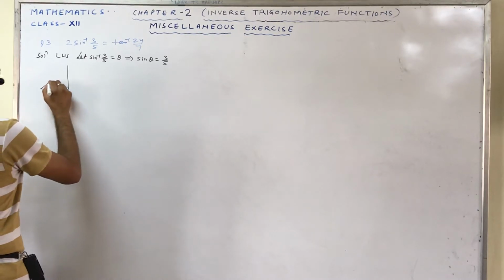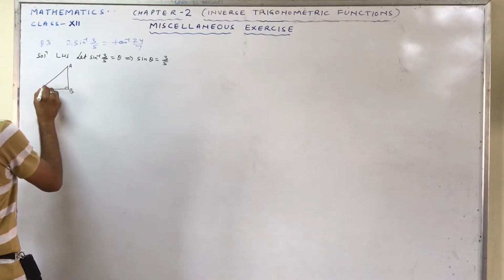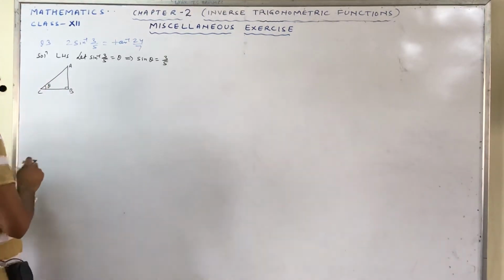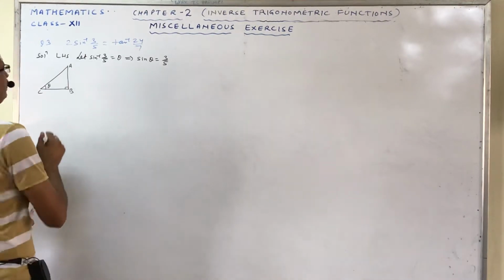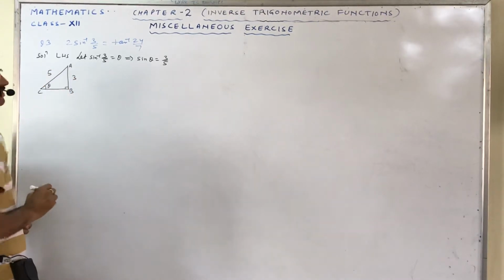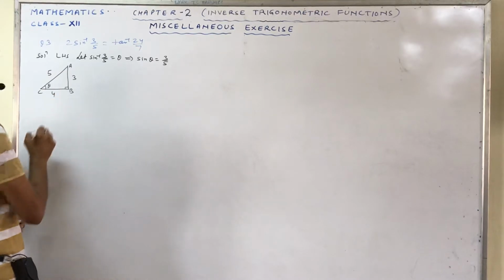In this triangle, suppose this angle is theta. Now when this angle is theta, then sin theta is what? Perpendicular upon hypotenuse. So we can say that suppose this is 3, then this is 5. When these are 5 and 3, then this is 4.